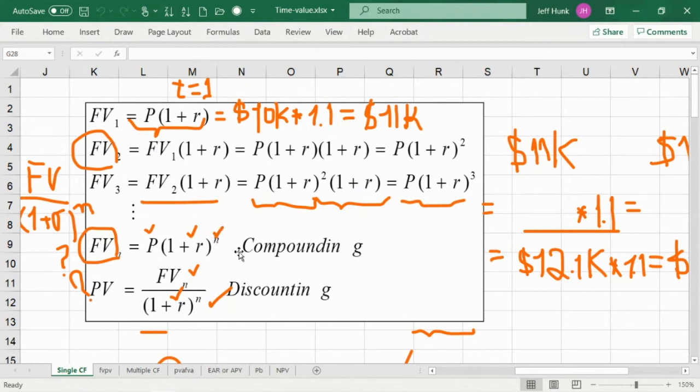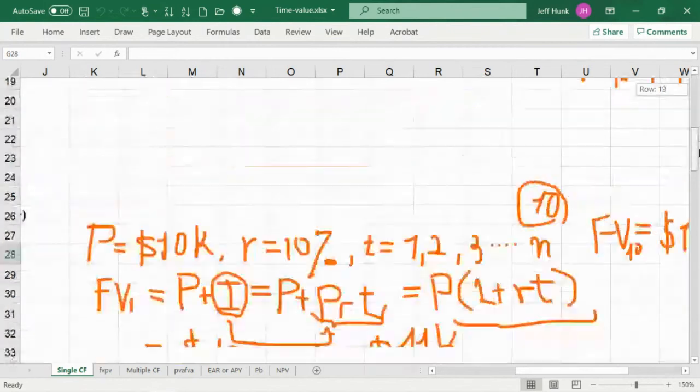You know how many periods you are putting the money in the bank or in any investment instrument, right? So if this is the unknown, this is what you do. But if the principal is the unknown, that's what you do.